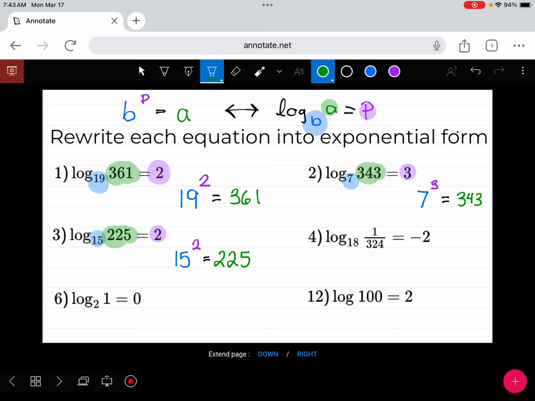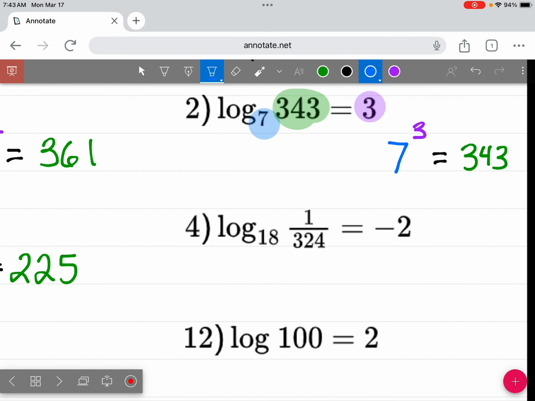So for number 4, what are we going to have when we switch this back to exponential form? Oops, sorry, wrong pen. So we've got our 18 to the what? One over 324 is my A. So we get 18 to what power?